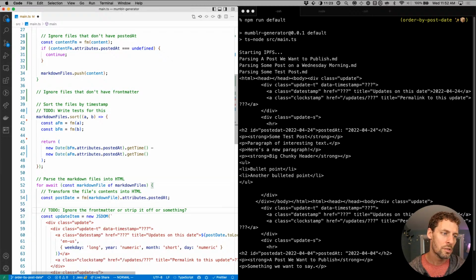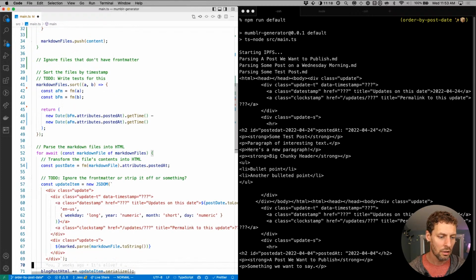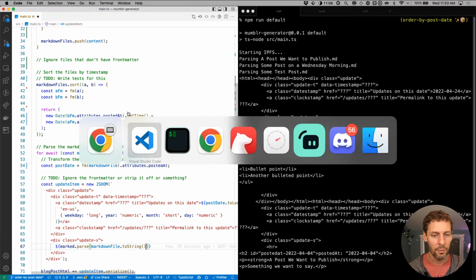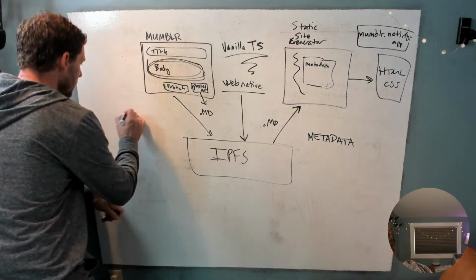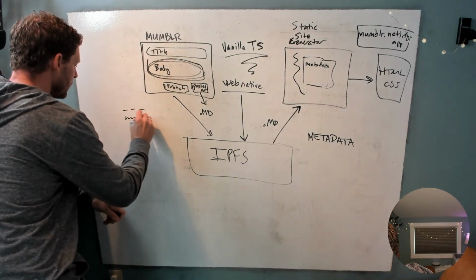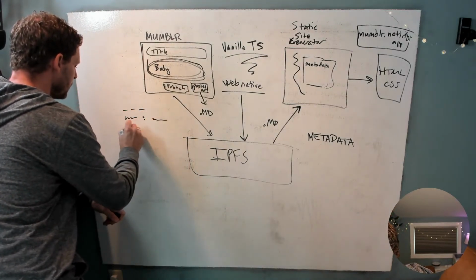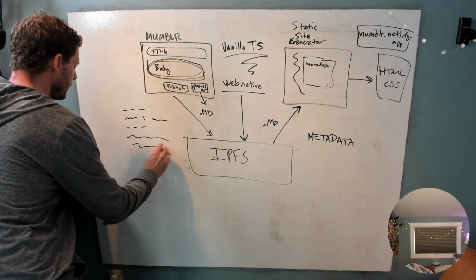Let's see, we could do this by using substrings and saying that we're going to take all of the string from the second. So we get this case where the file looks like this: dash dash dash, something something, which is actually postedAt, dash dash dash, and then some stuff.